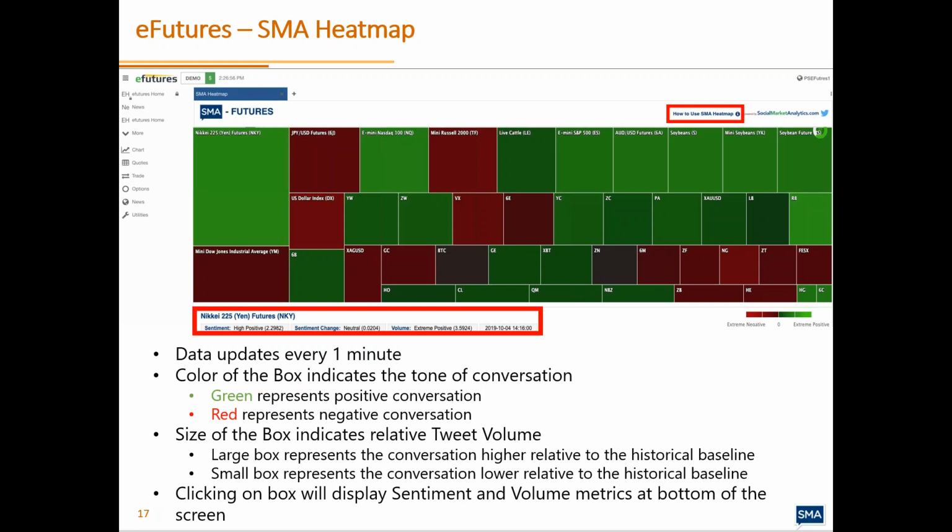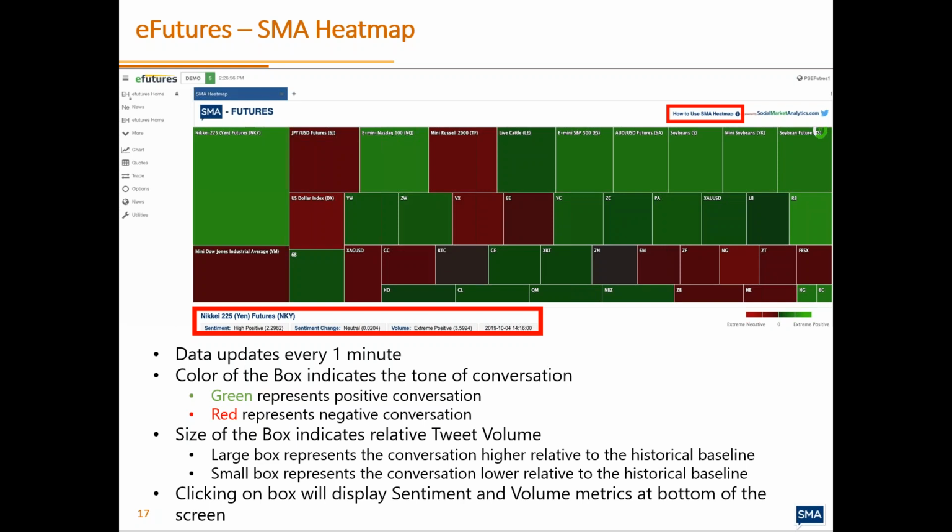We've been discussing equities up until this point. We have also implemented a full set of futures, so you can see a much more traditional heat map example, and this is on the efutures front end. This heat map is a little bit different in that a normal heat map will show trade volume for the size of the box. In this particular case, we're showing relative Twitter volume in the box.